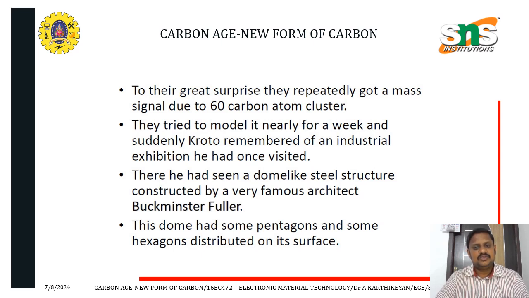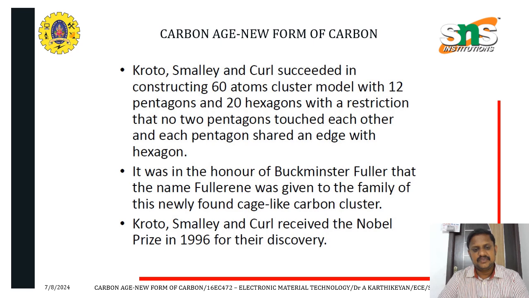They tried to model it for nearly a week, and suddenly Kroto remembered an industrial exhibition he had once visited, where some pentagons and some hexagons are distributed on the surface.